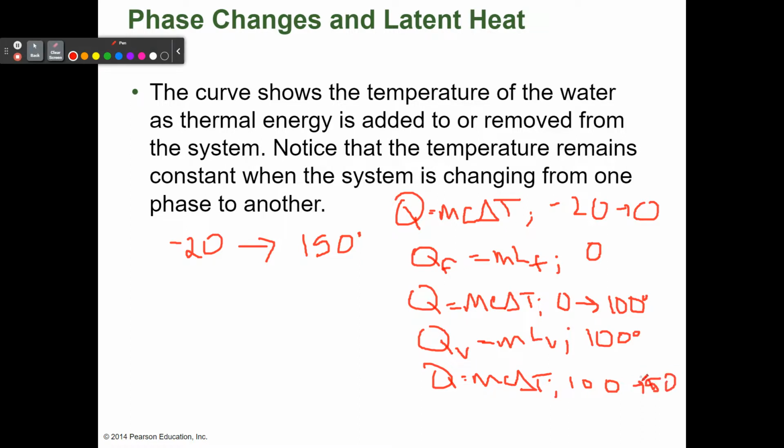Whoa, I want to go crazy. Okay, and then you would wind up having to add all those heats together to get the total amount of heat transferred from negative 20 degrees Celsius up to 150 degrees.